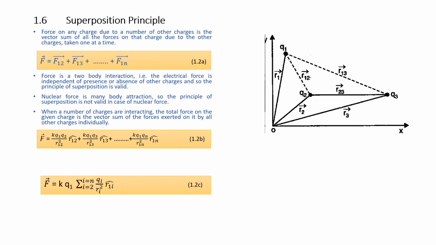Please note the sigma sign starts with 2. So, superposition principle: force on any charge due to a number of other charges is the vector sum of all the forces on that charge due to the other charges taken one at a time.